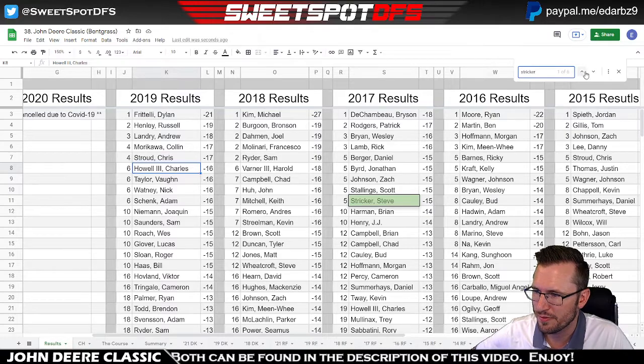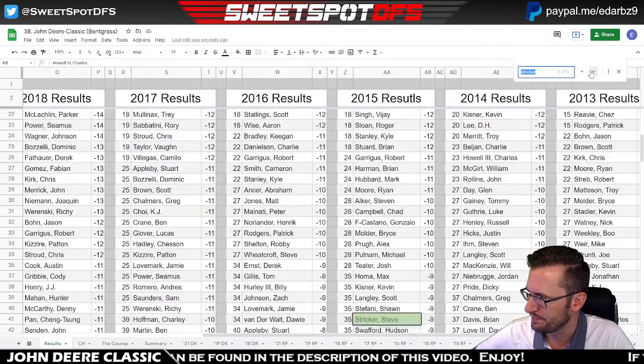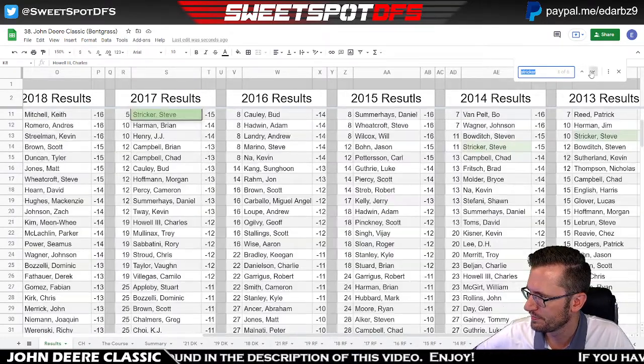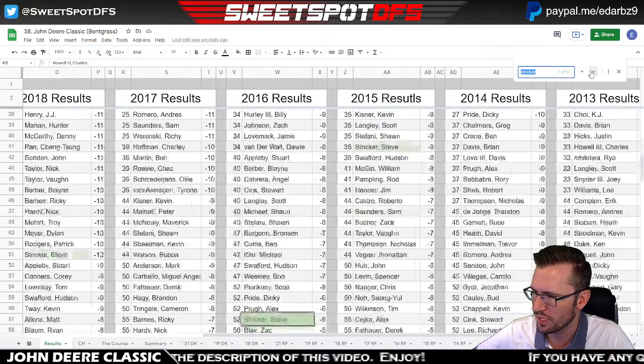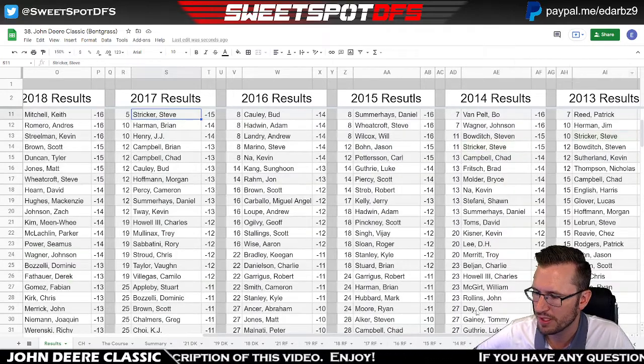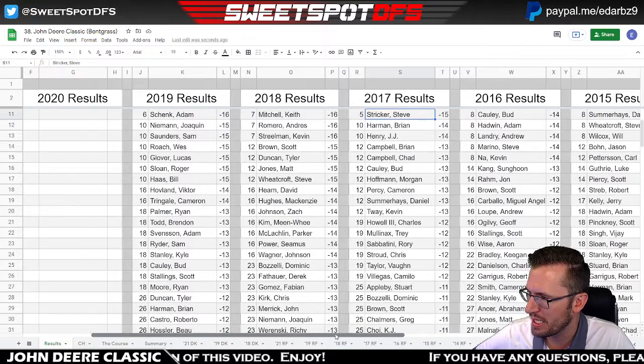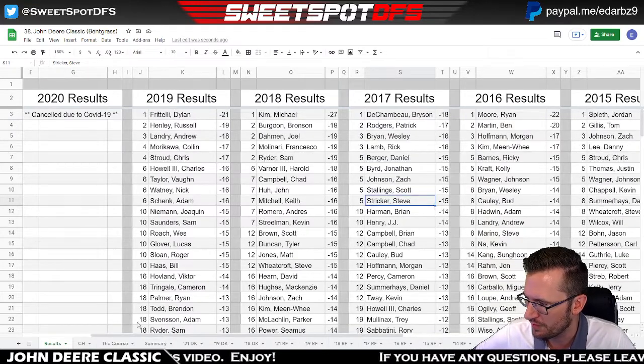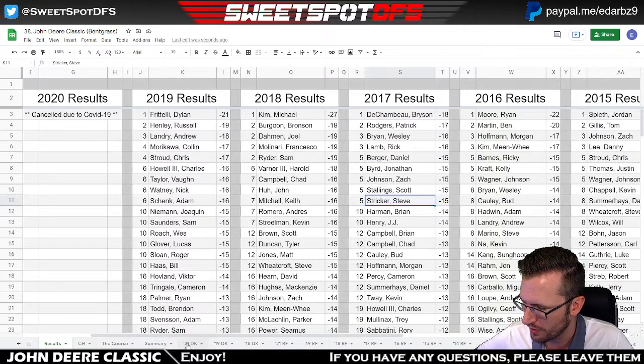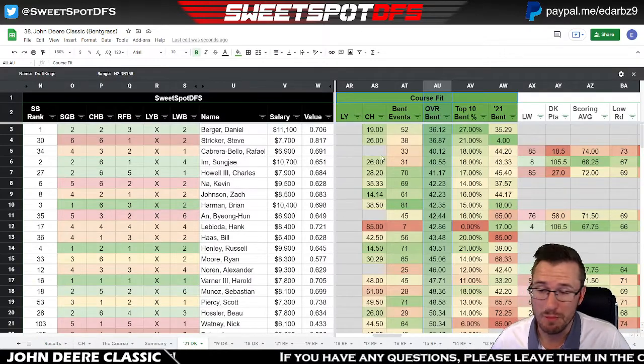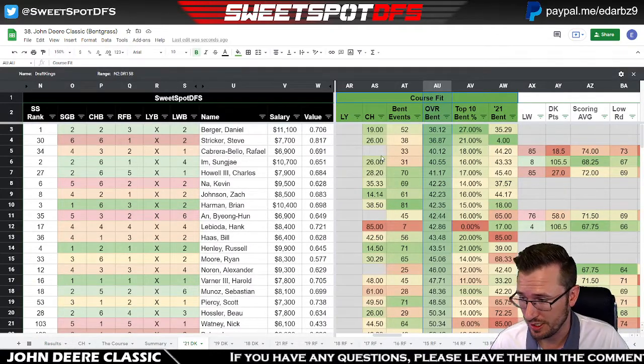The pains of doing this on a spreadsheet. I guess we don't have a 2019 Steve Stricker. Okay, that's fine. But anyways, he does well at this golf tournament. I guess you can just take my word for it for now. I don't mind playing Steve this week, by the way. I think he's actually a decent play.